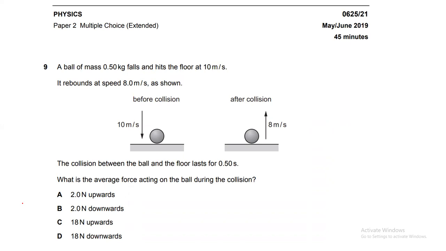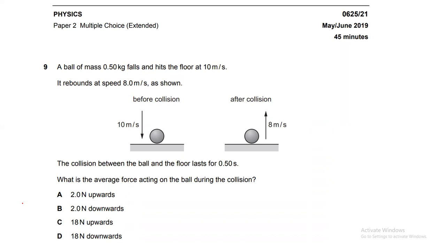So before the collision, the ball is going downward, and suppose its velocity is negative, and negative means its direction is downward. You can take it as positive. So then when the ball rebounds and goes in the upward direction, suppose that is positive, the direction of the velocity is positive. So that is 8 meter per second.